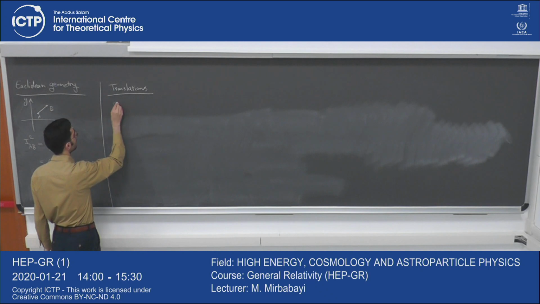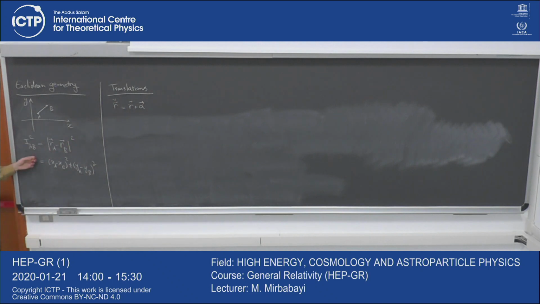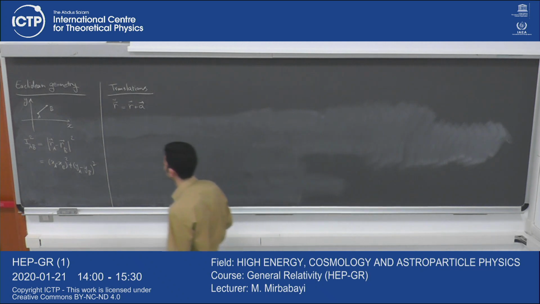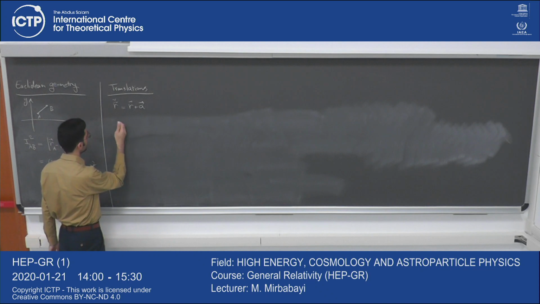So we define R tilde to be R plus A. Obviously, this translation cancels from the difference, so the distance between the two points remains invariant under translation. So this is one symmetry of this Euclidean geometry. And then the other one, which is a bit less trivial, is rotation.